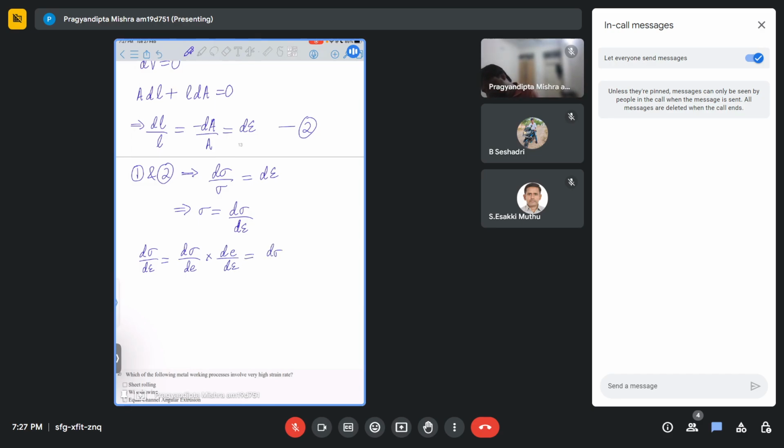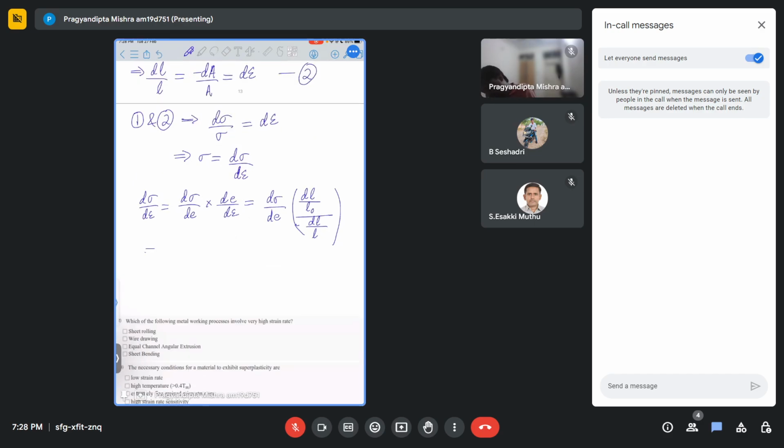So it will be d sigma by d e times dl by L naught divided by dl by L. If I cancel out dl and take L to the top, it will be d sigma by de times L by L naught.